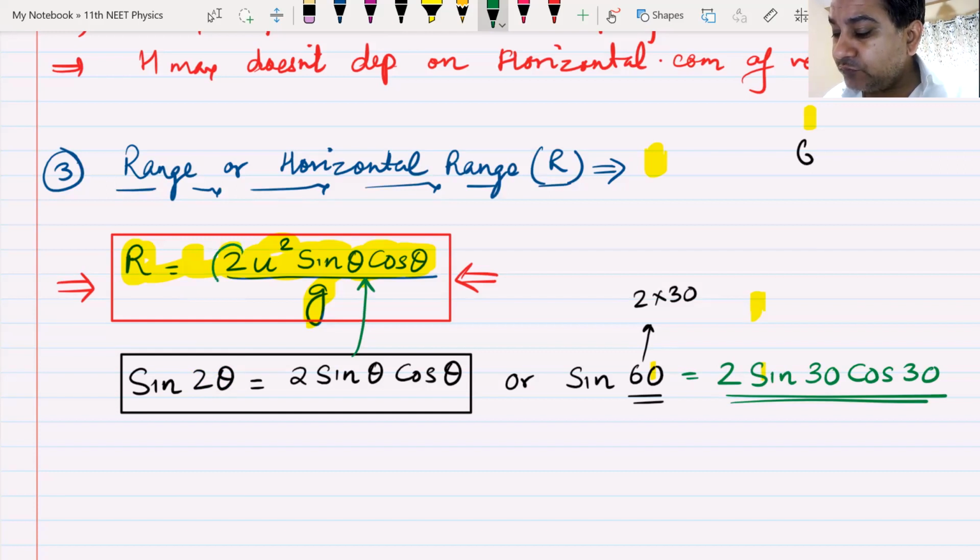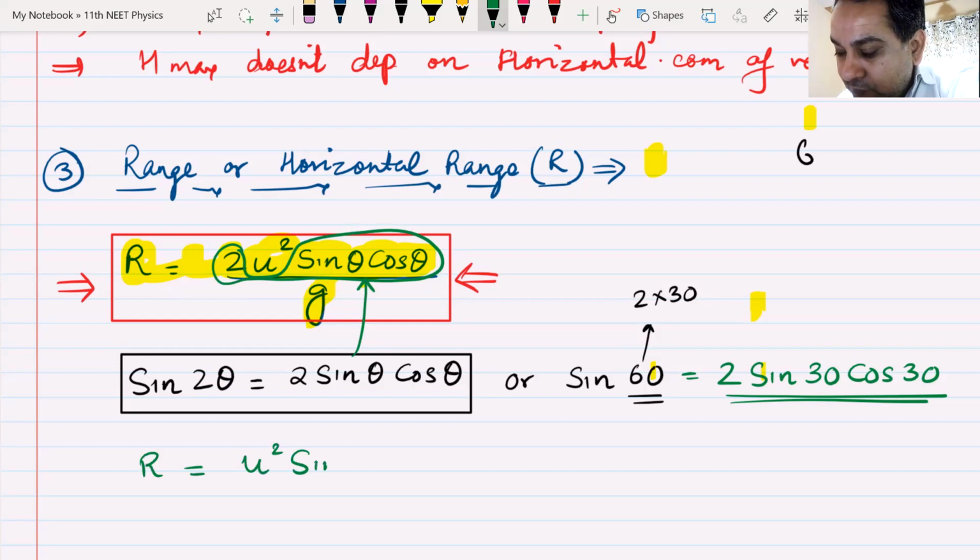I see a 2. I see a sine theta cos theta. So instead of 2 times sine theta cos theta, how can I write this formula? I can write it as u squared sine 2 theta divided by g.